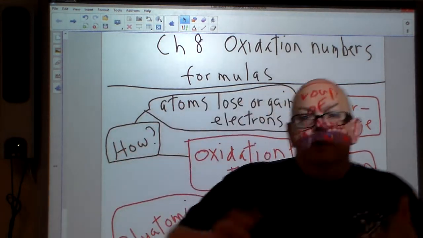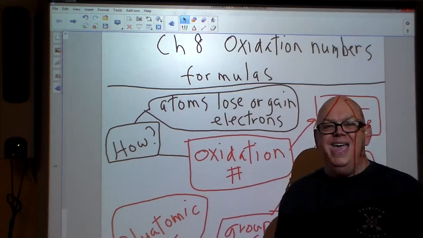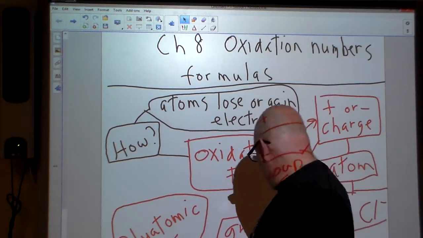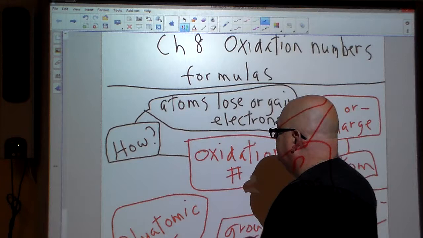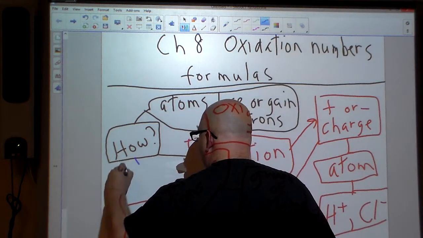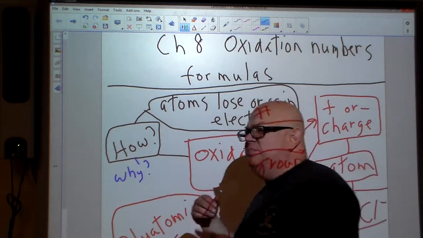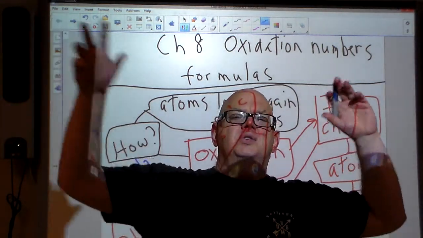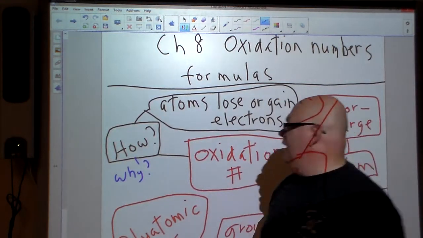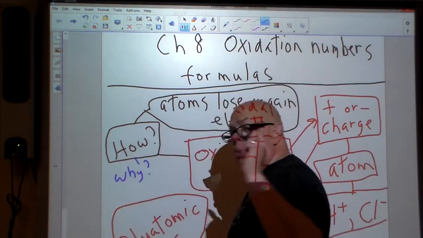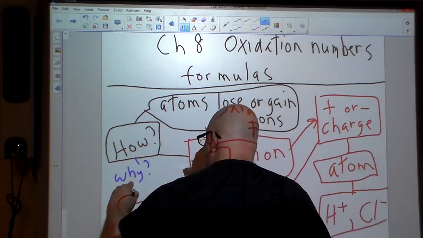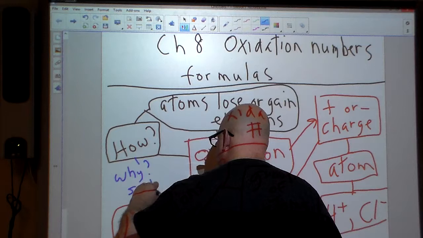That's the idea. But then the question is, well, why? Why would atoms bother to give up electrons or pick up electrons? One word, a one-word answer: it is about stability.